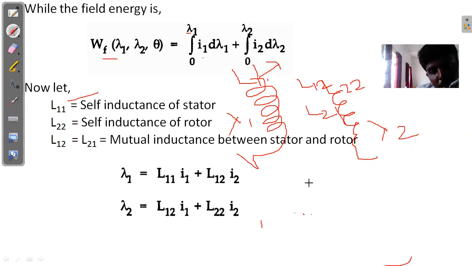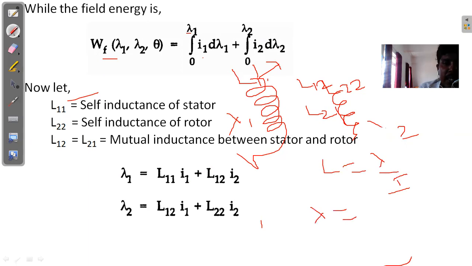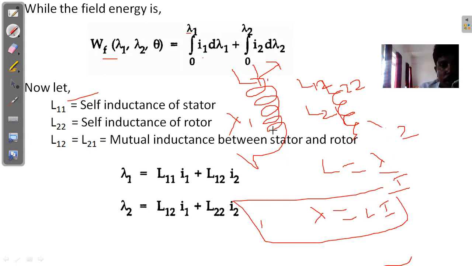So we know the formula L equals lambda divided by I, therefore lambda equals L into I. According to that, we write lambda with respect to coil 1 and coil 2, with respect to currents I1 and I2. For coil 1, the flux linkage is L11 into I1, plus L12, the mutual inductance between the stator and rotor, into the corresponding current I2.